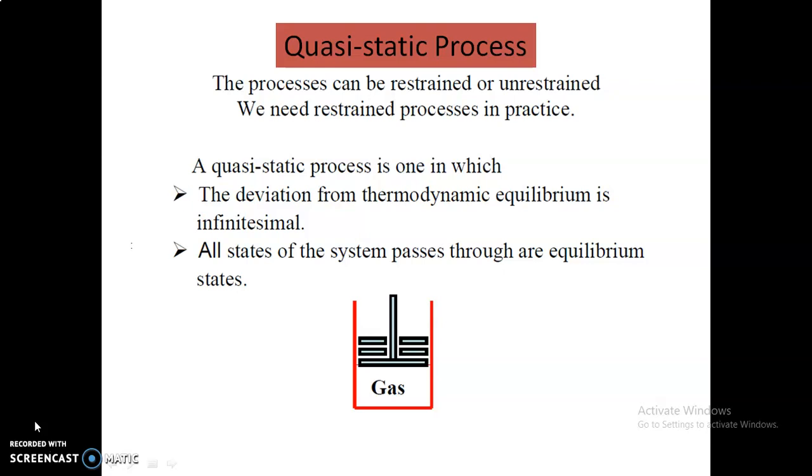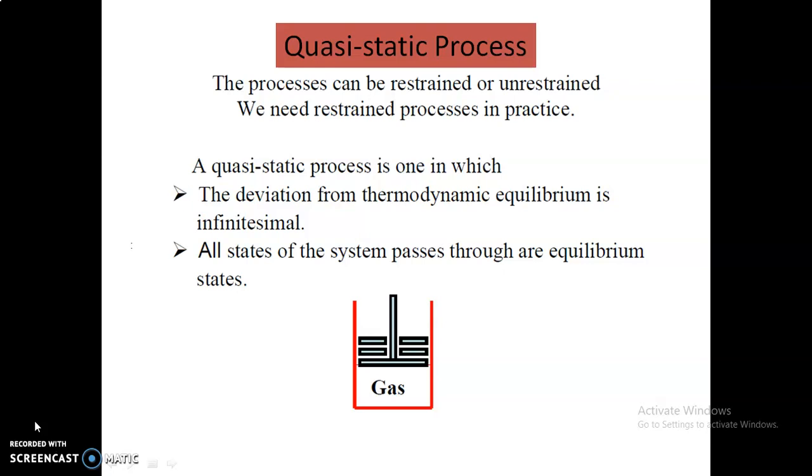A quasi-static process is one in which the deviation from thermodynamic equilibrium is infinitesimal. That means the change in properties, or the deviation of the system from one state to another state, is very small, so there are intermediate states. We know from the last lecture the process is from state 1 to 2.